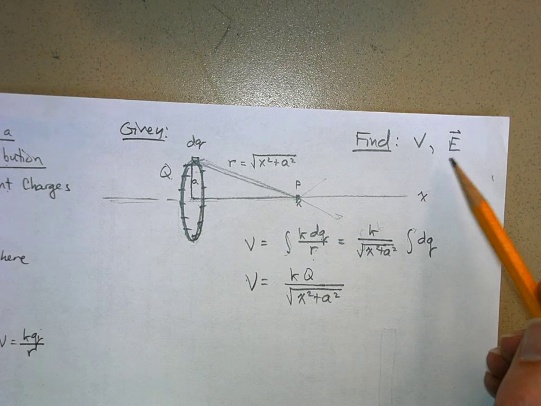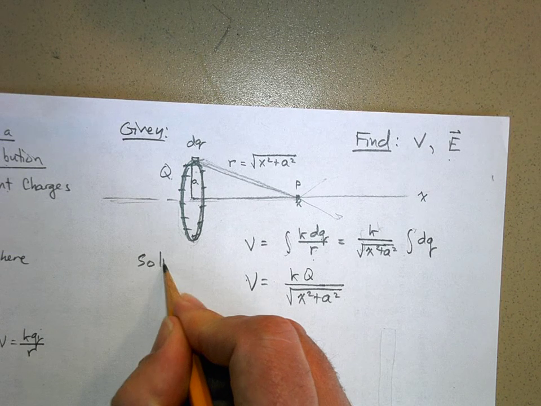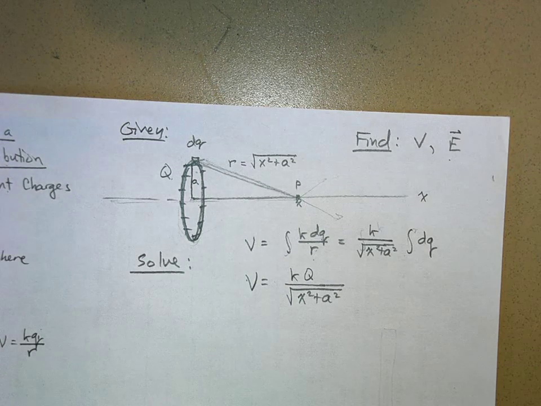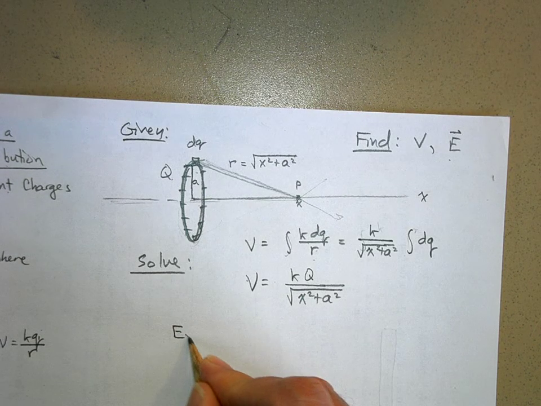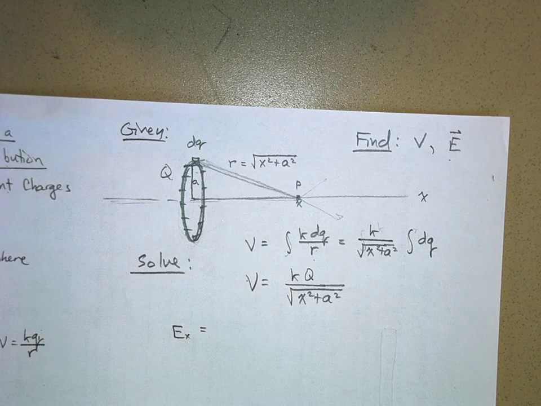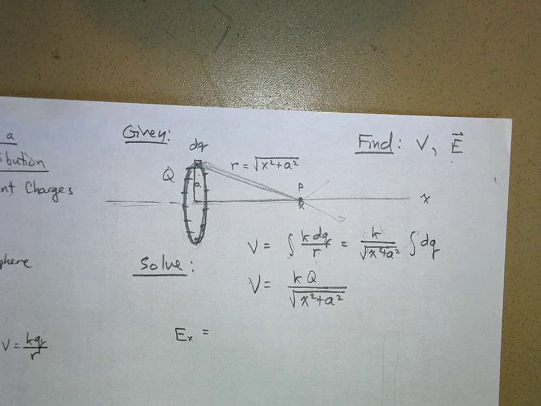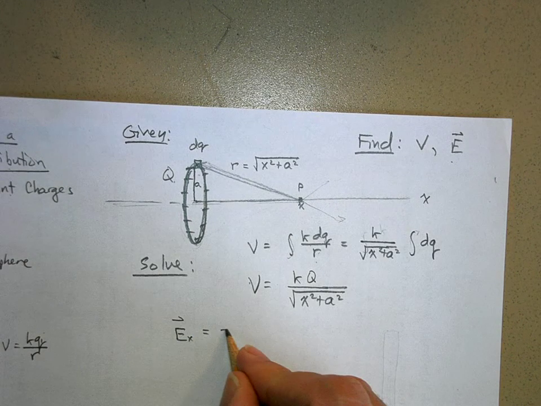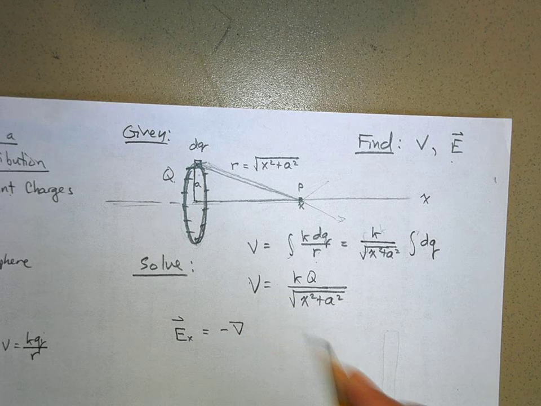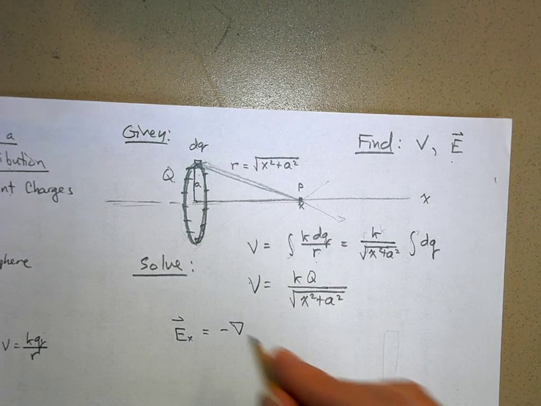But if I use that gradient thing, it becomes a lot easier to do. So let's find E. Remember, we said that E in the x is equal to, now I'm going to be proper here, I'm going to use the partial derivative symbol, equal to negative. I'll go ahead and use the del. Why? Because it's going to get you used to it, all right?